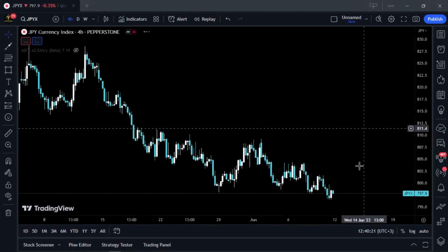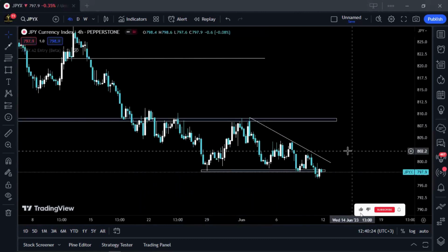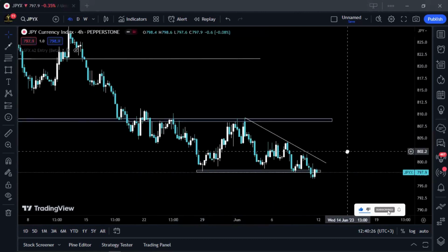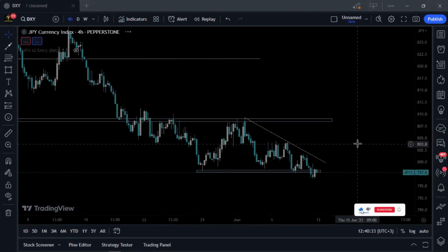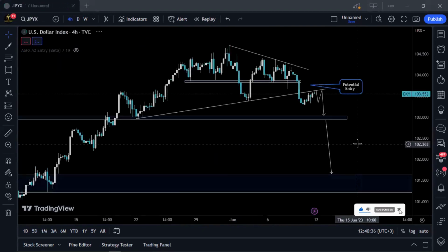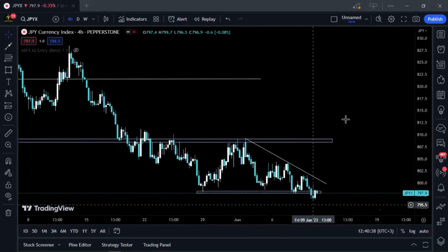On JPYX, obviously, the Japanese yen is inversely correlated to the US dollar. So we have to look and see if the US dollar is going to be selling. That means there's a high probability that the yen is going to be buying.